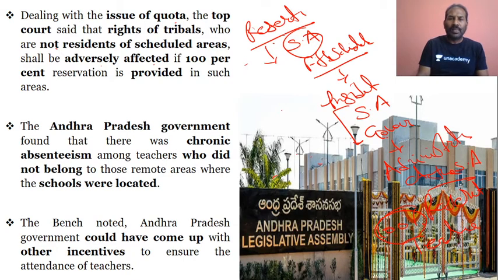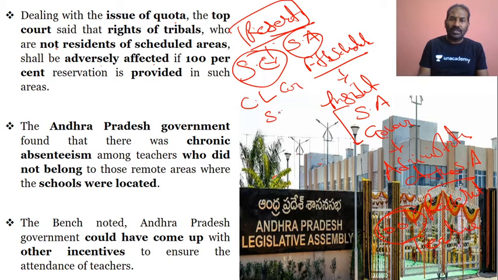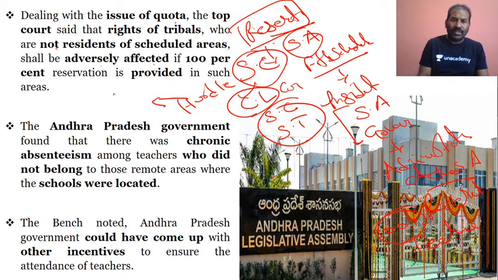So again, if you look at reservation, it is the Supreme Court which will decide whether there should be a creamy layer concept in the scheduled castes and scheduled tribes, wherein the creamy layer of the scheduled castes and scheduled tribes are actually a hurdle, please do understand, a hurdle for the real needy people of the SC and ST, who should get the reservation.